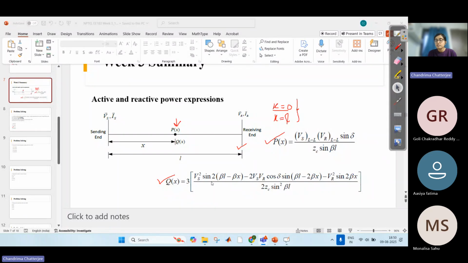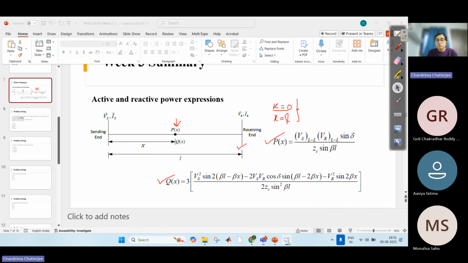But Qx is dependent on x. If x changes, the value of Qx will also change.